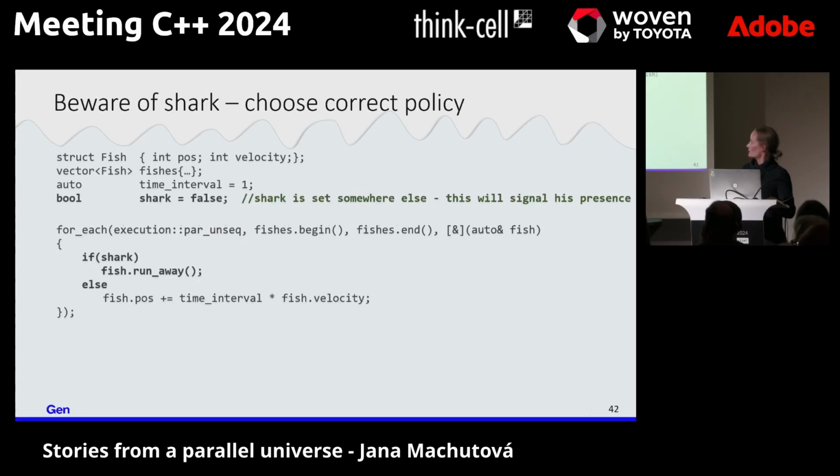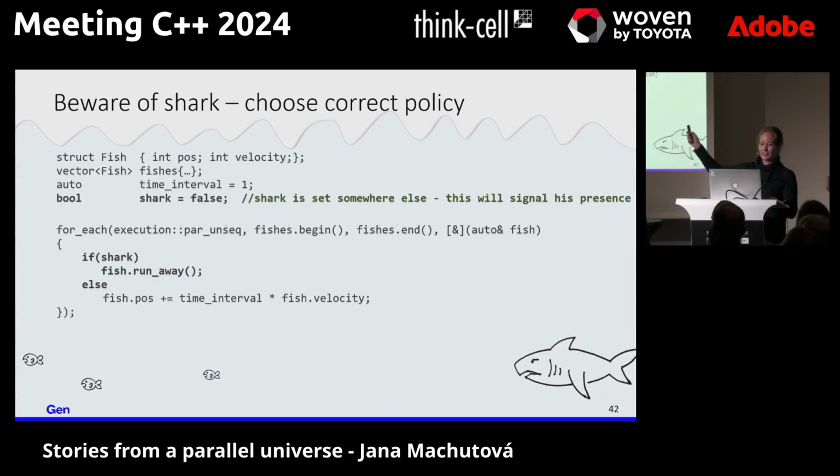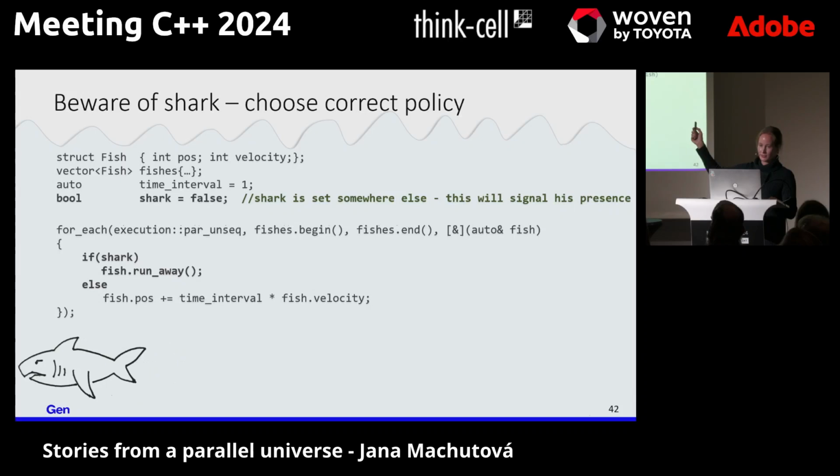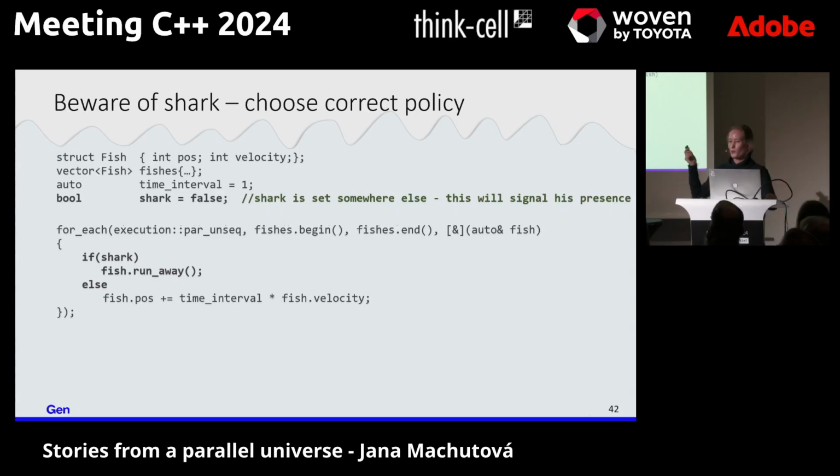But if we add the shark, I have to say that the shark may appear somewhere. It's not written in the code, but it's not constant. The shark is not there, and it may appear somewhere. So the fish is looking if there is a shark. If there is, she runs away. Otherwise, she's floating happily. So what policy is possible to do here? Is it par_unseq?